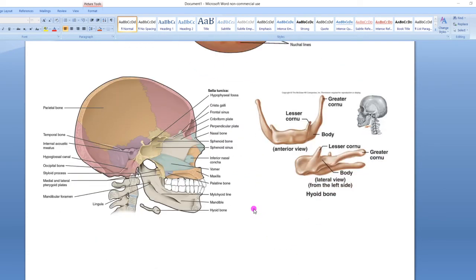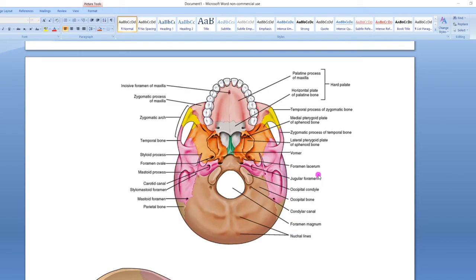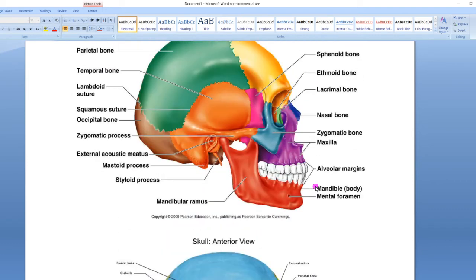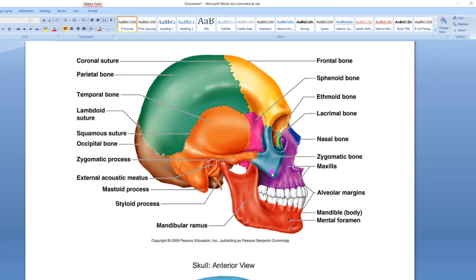Now, the mandibular condyle, I don't know if I have a really good picture of it. I guess this is the best one. So this red bone, of course, is our mandible. The mandibular condyle is the rounded knob that makes up your joint, your jaw joint.